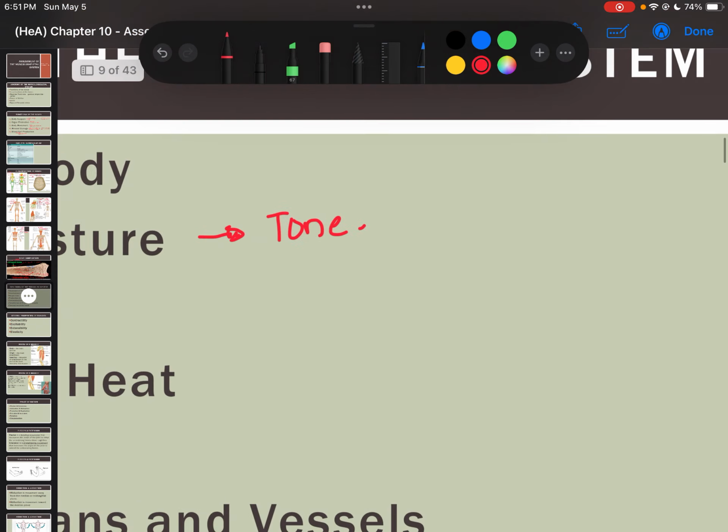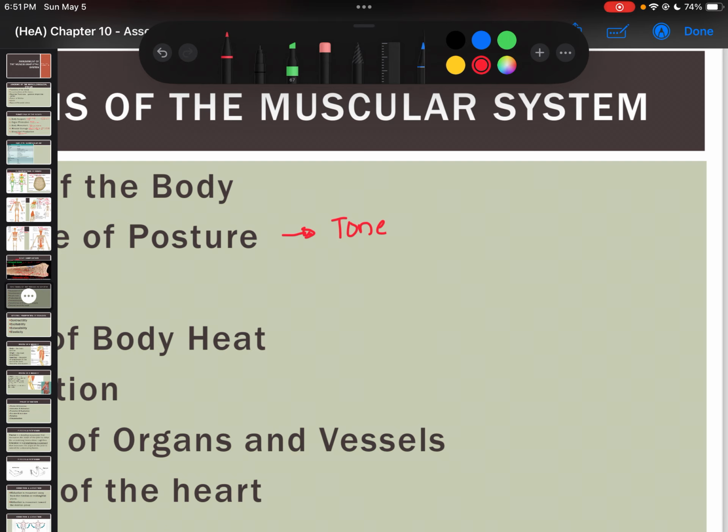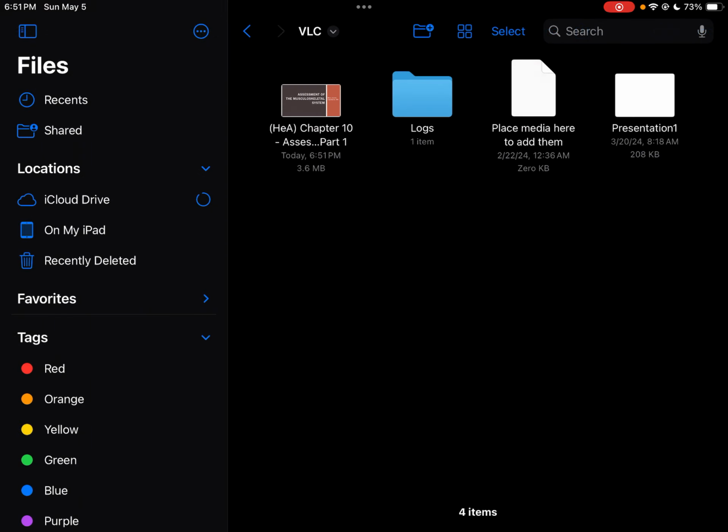Tone, class, is basically similar to posture. It is the capability of the muscles to maintain posture.